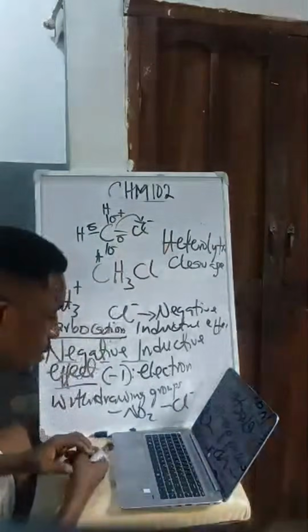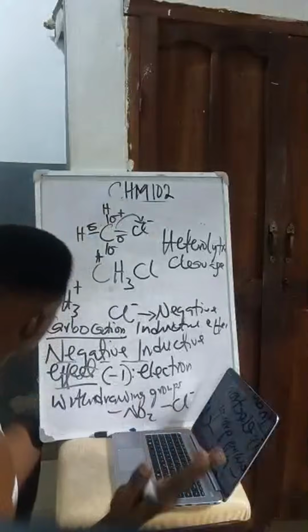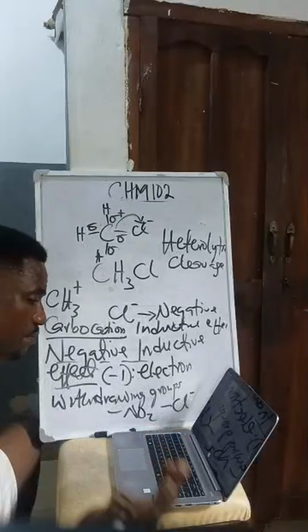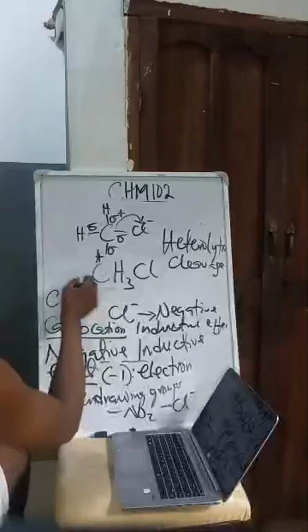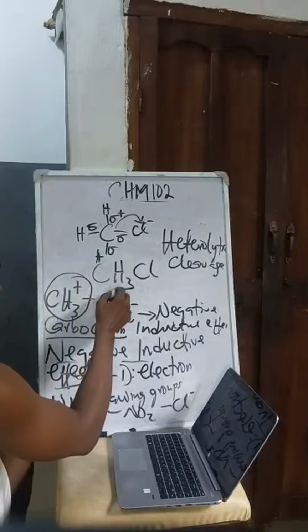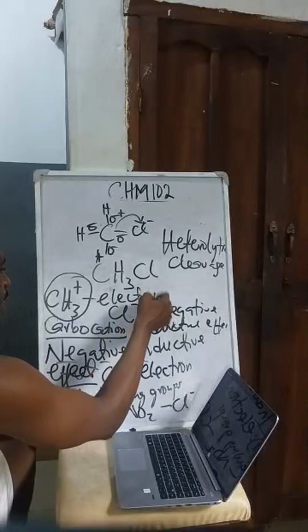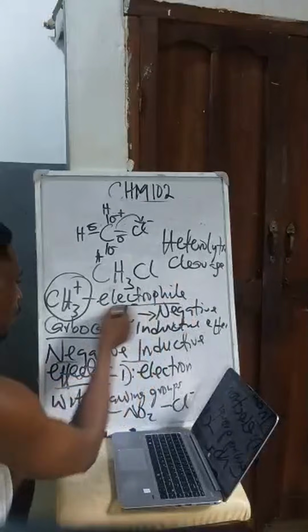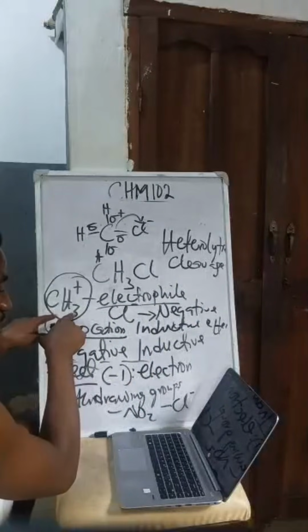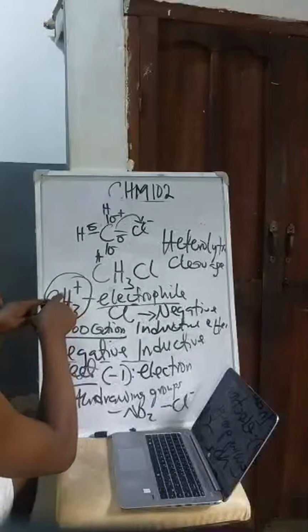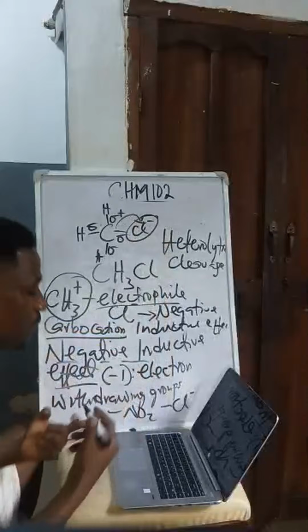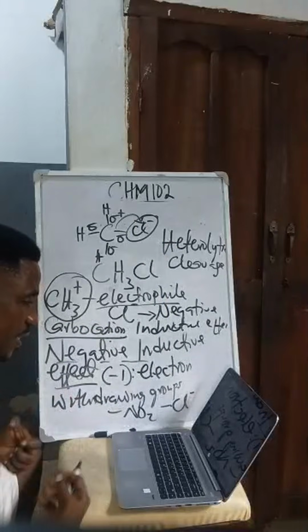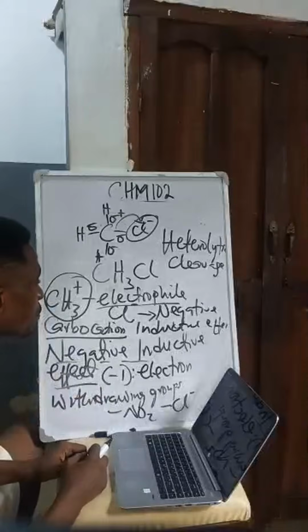Then it will become negative, and the one that is now lacking electron becomes positive. Hence, this is called an electrophile. Electrophile, because it lacks electrons, it is deficient of electron. Why will this be called a nucleophile? Now, because it is electron rich.